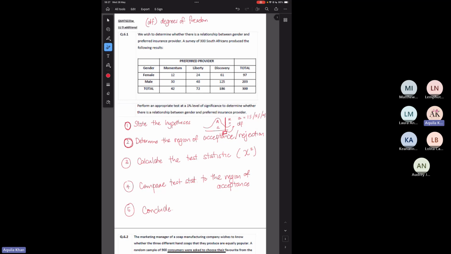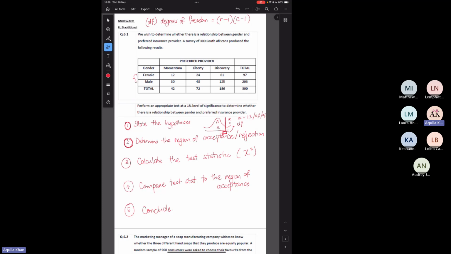Degrees of freedom is calculated in two ways, depending on the type of table you have. If you have a two-way contingency table like the one you see up here, then the degrees of freedom is the number of rows minus 1 multiplied by the number of columns minus 1. The rows and columns we're talking about are only those that have the categories.